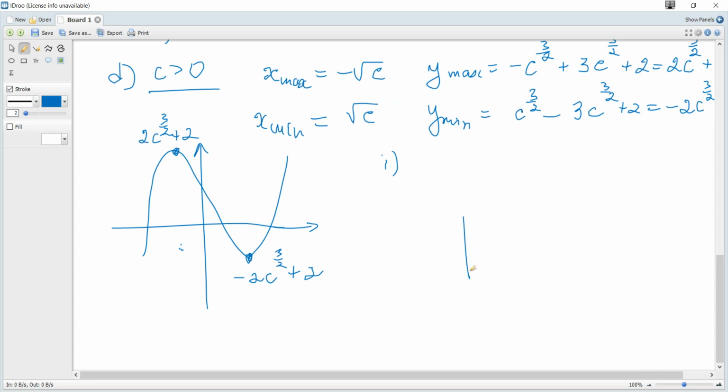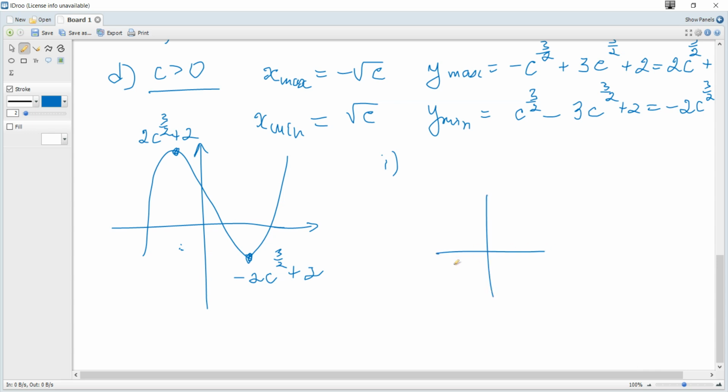But if we consider this expression, we can see that when x is greater than 0, this value is 2 or more, greater than or equal to 2. It's always an increasing value, so it cannot be negative, so this point cannot be below the x-axis.